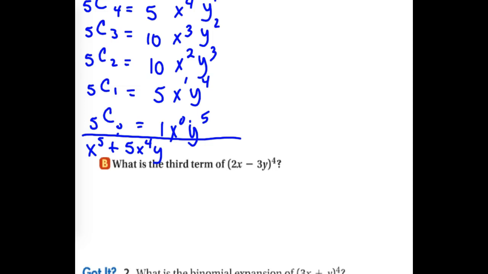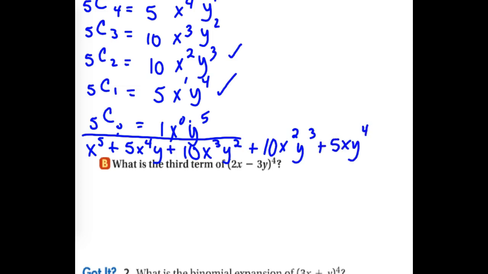Our next term is 10x to the third, y to the second. Then we had 10x to the second, y to the third. Then we have 5x, y to the fourth. And our last one, y to the fifth.